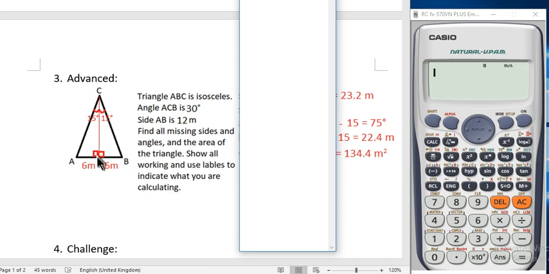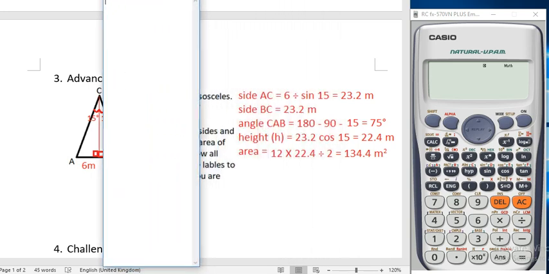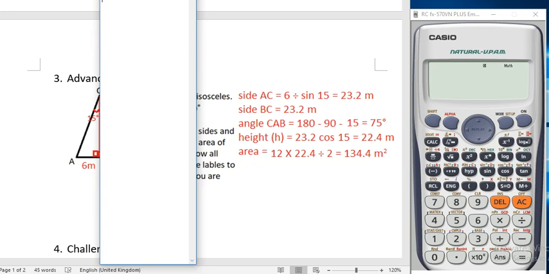When we cut it in two, there's 6 meters at the bottom of each. So if we cover up one of them and just deal with half of the whole thing, we've got a right angled triangle with 6 meters at the bottom and 15 degrees at the top.